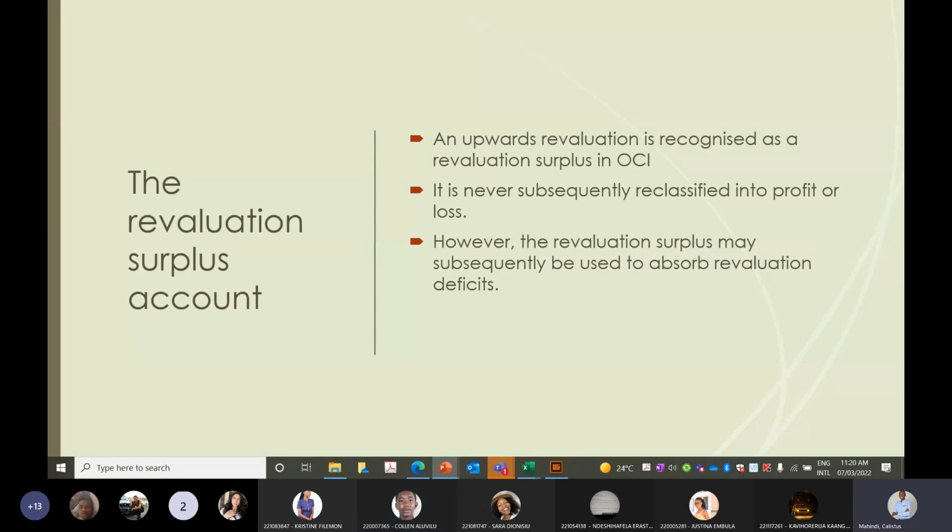So we dealt with the revaluation surplus. We said an upwards revaluation is recognized as revaluation surplus in OCI. It is never subsequently reclassified into profit or loss. However, the revaluation surplus may subsequently be used to absorb a revaluation deficit.